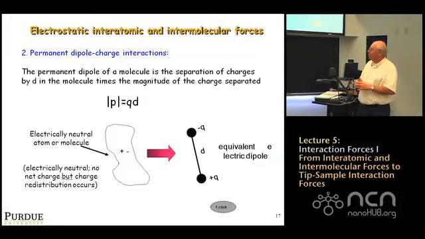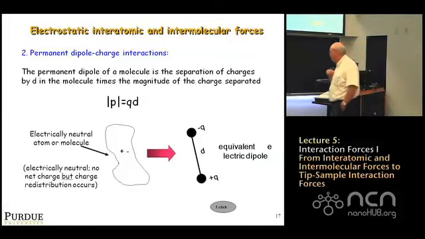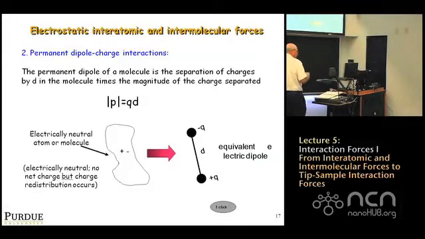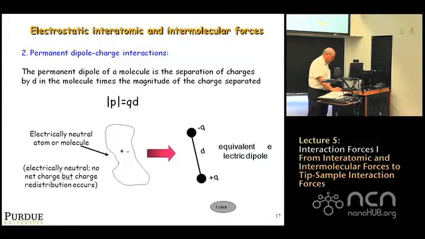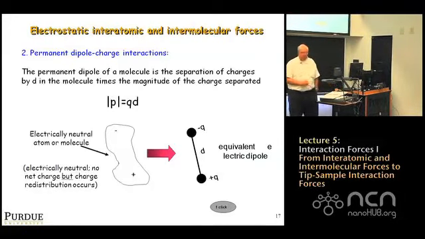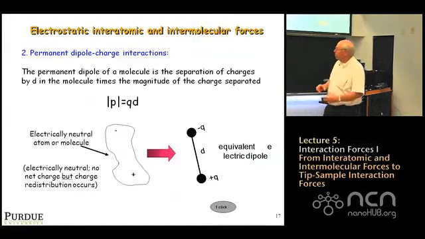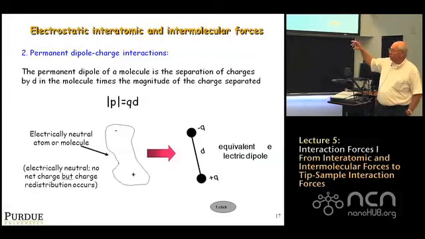For some reason, you can have an electrically neutral atom or molecule that's indicated schematically in this diagram. In the process of assembling that molecule, there could be various forces, could be geometric in nature, but for whatever reason, there's a separation of charges.